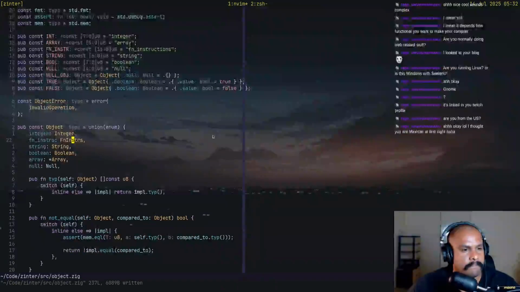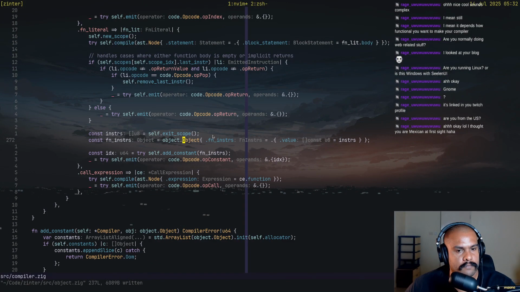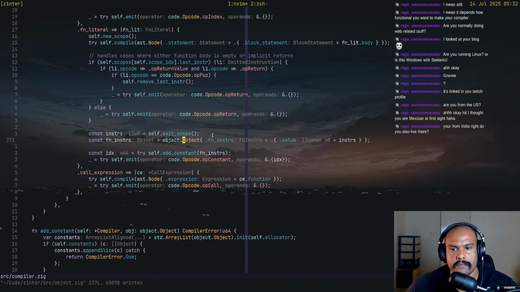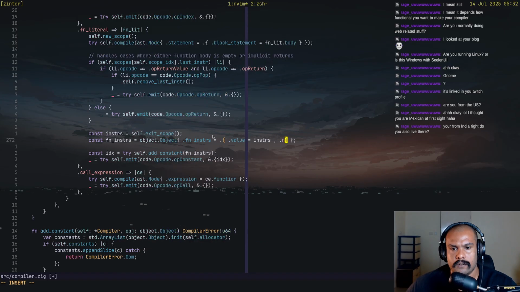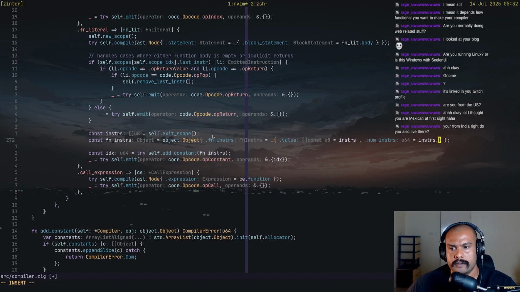Yep. Then dot num instructions equals instructions.len.